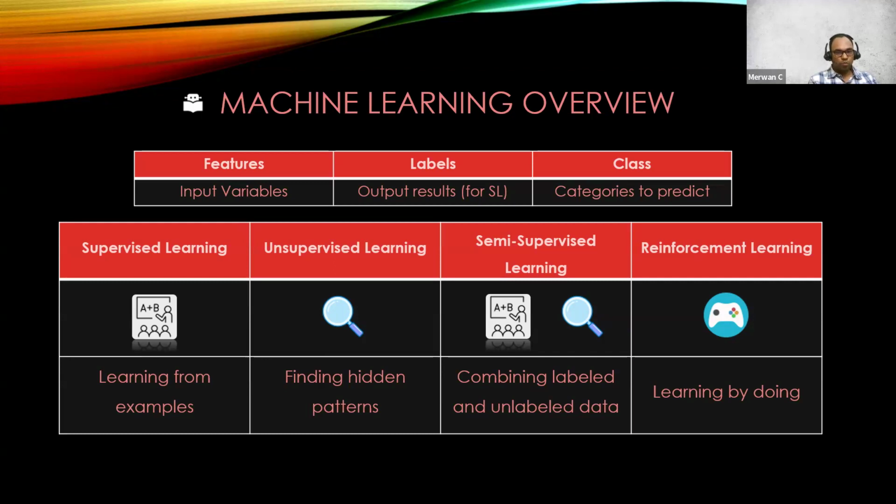The label is what we are trying to predict, or the correct answer in this fruit puzzle. And let's say we have a bunch of fruits to sort out or group, we want to tell the computer to sort them into a group of apples or a group of bananas. These are called the classes.